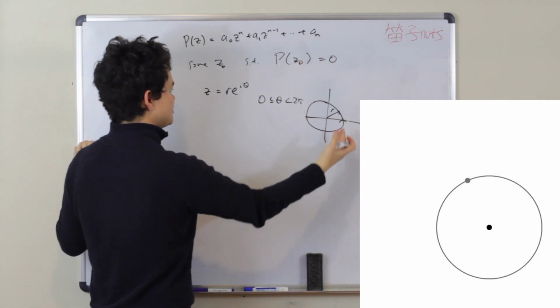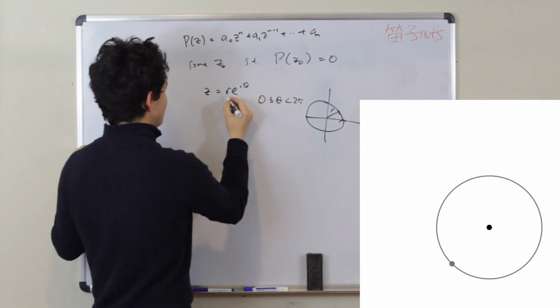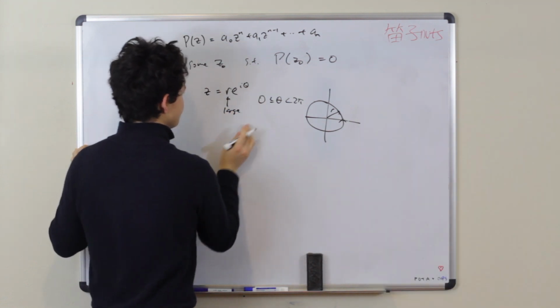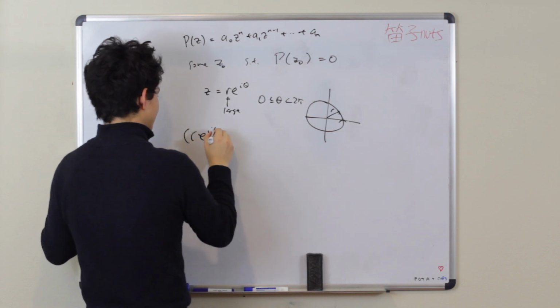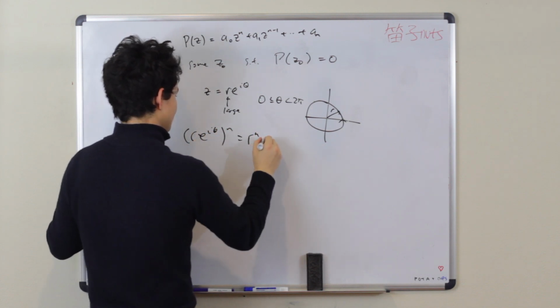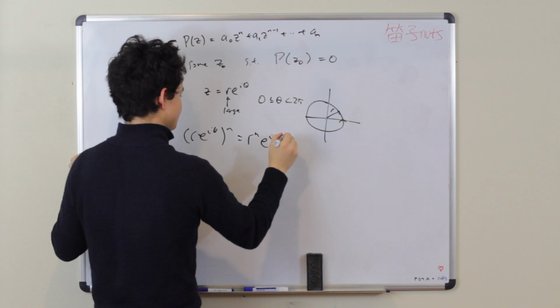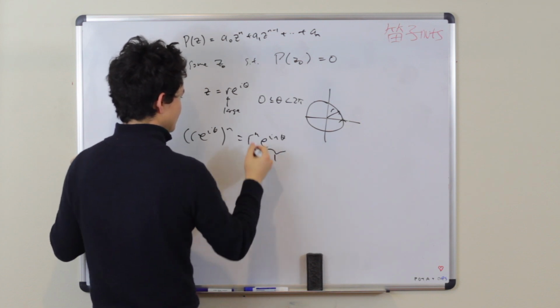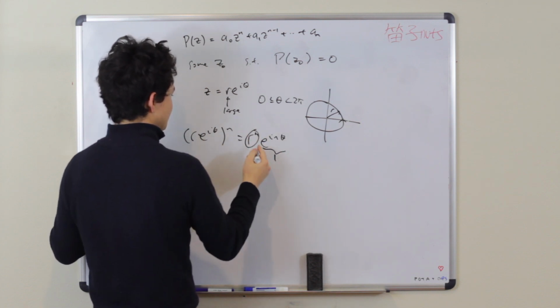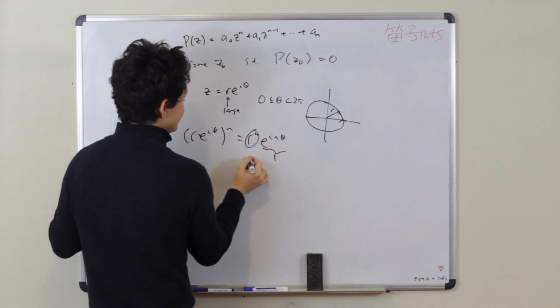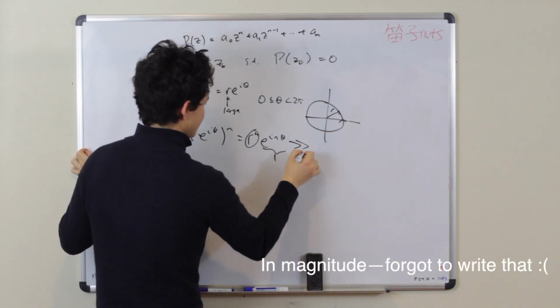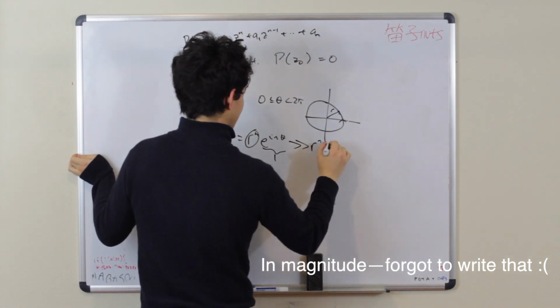So what do these values look like? If we take r large, remember that r e to the i theta to the power n is this. Now the magnitude of e to the i theta is 1, and r, if it is large, grows very quickly, and more importantly, this is eventually going to become greater than the next term.